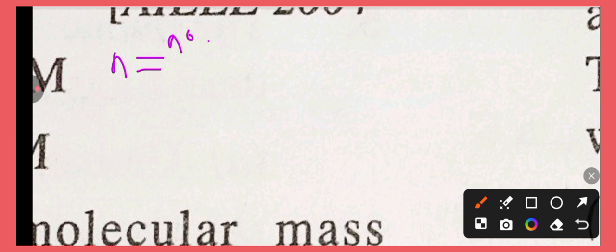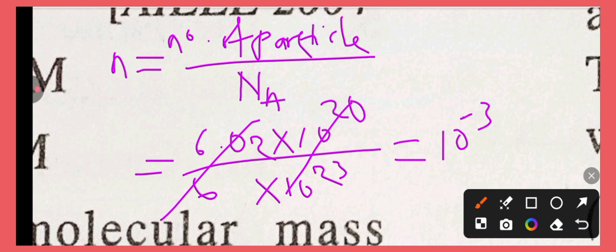The number of particles is 0.02 into 10 to power 20. Na value is 6.02 into 10 to power 23. When we cancel this, we have 10 to power minus 3 as the mole.